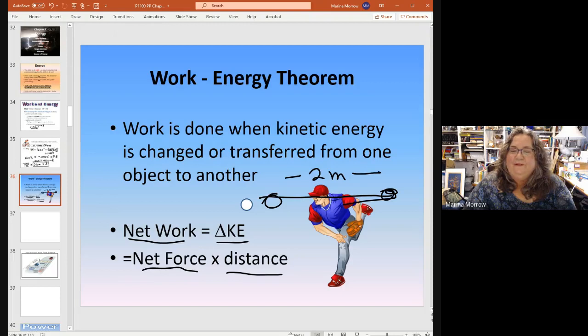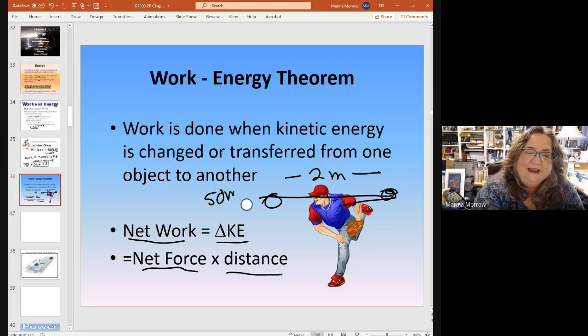Okay, so what we're going to figure out is how much force this baseball player actually uses to change the kinetic energy of the ball. So let's go do the math here. And let's say the ball, once he's pitched it, he's a good one. So let's say it's going 50 meters per second.